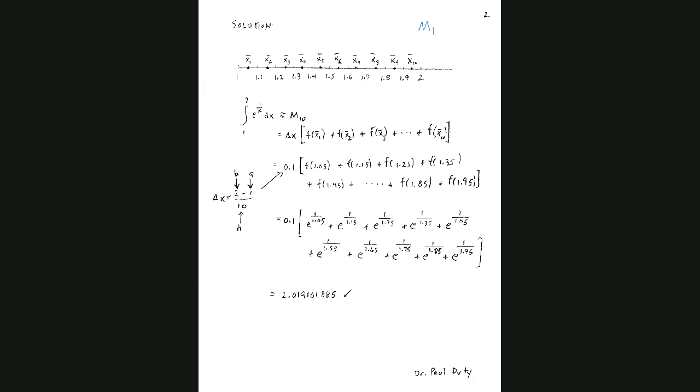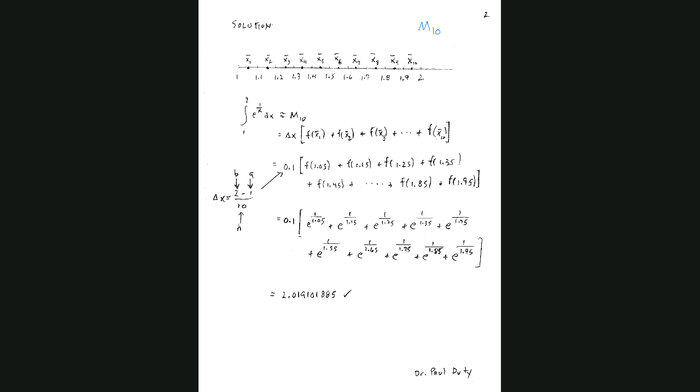Now, in your homework for section 5.9, 10 intervals should probably be the maximum that you have to worry about, because we can ultimately use a computer to help us, but we want to work these problems out by hand so that we understand the process.